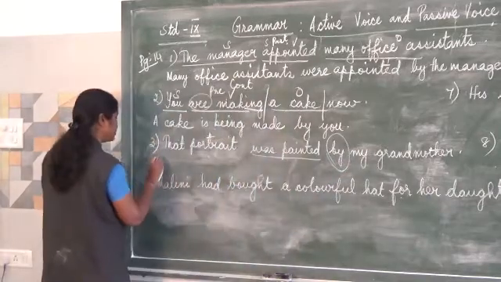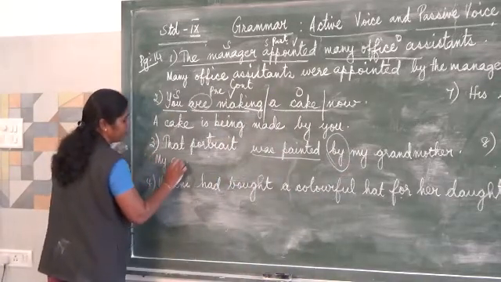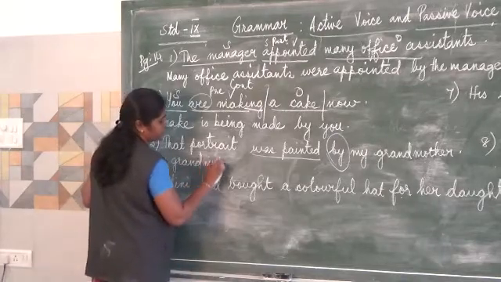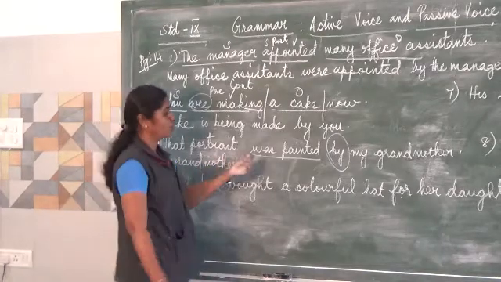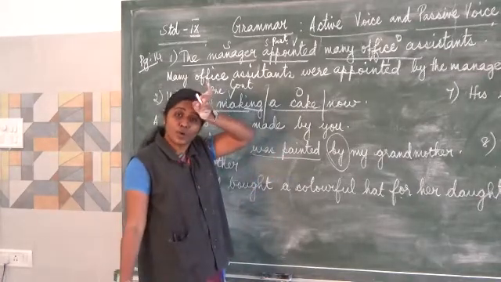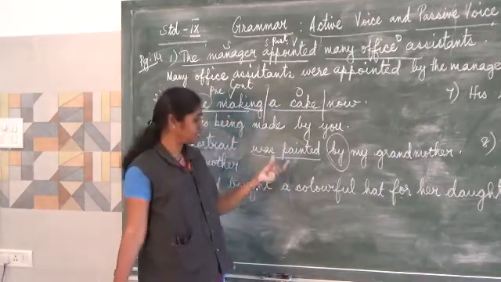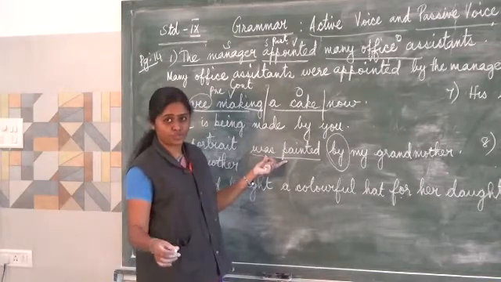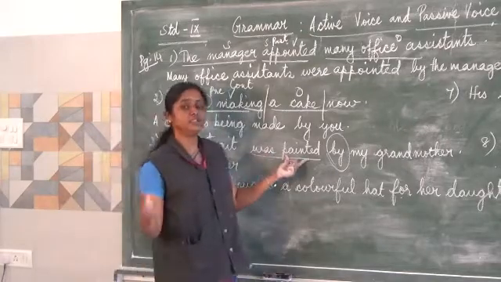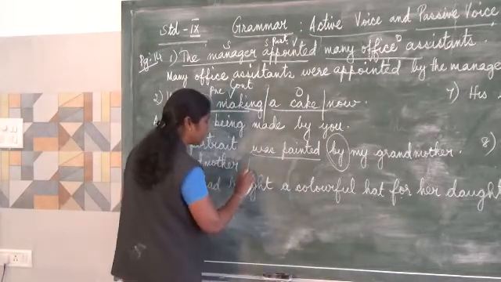This my grandmother, you bring it to the front. My grandmother. Now if you see, was painted. This was painted, only for one tense you will have this construction in passive voice, simple past tense. So now was painted, simple past tense is only painted.